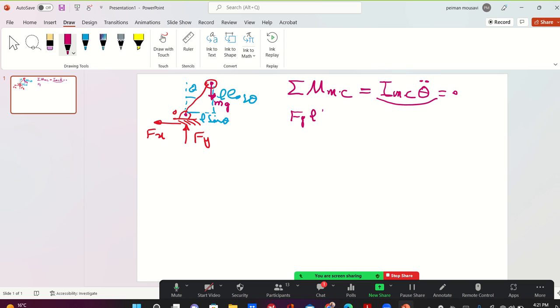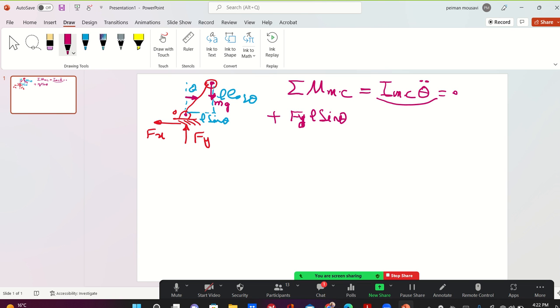Fy L sine theta. What's the sign of that? Is it helping the increasing of theta or resisting? If you fix the MC point here and then apply this, it's helping, so it's going to be positive.